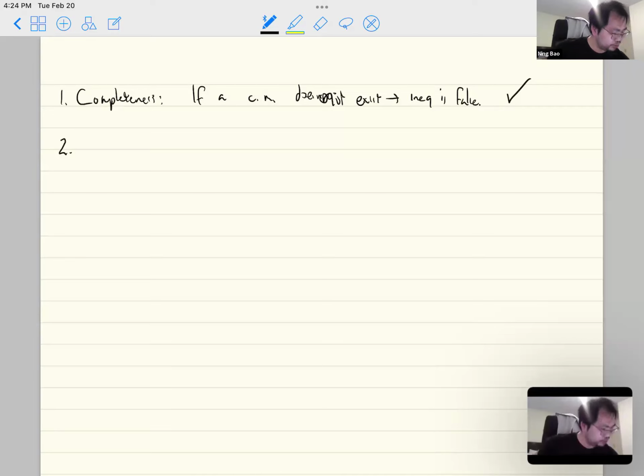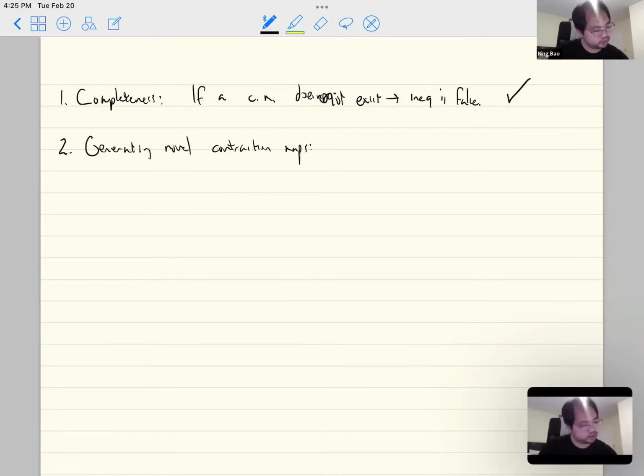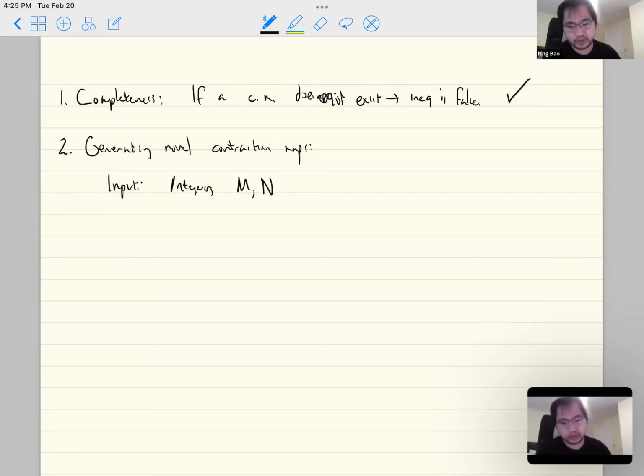Another thing that I'm interested in is generating novel contraction maps. There's a pure math problem that you can phrase here, where you take as input two integers, m and n, which just define the dimensions of the hypercubes that you're trying to find a map between.